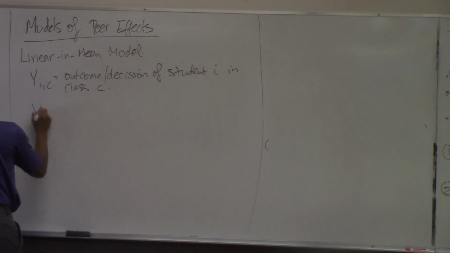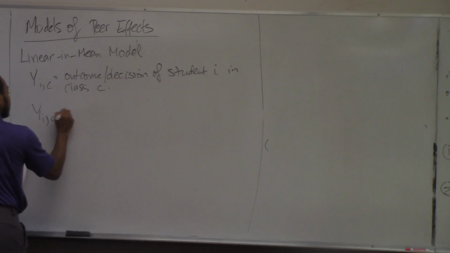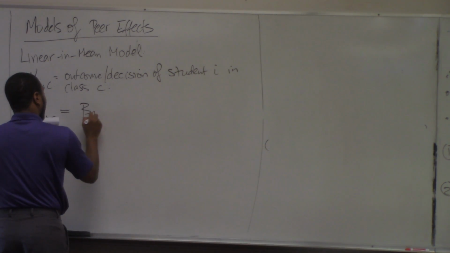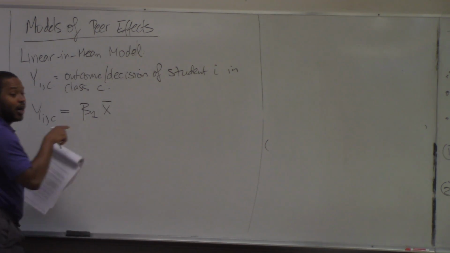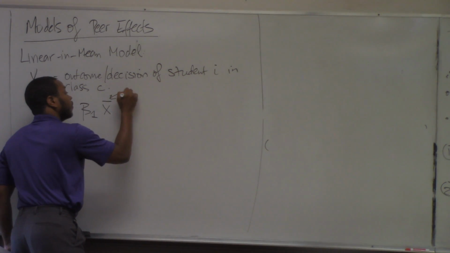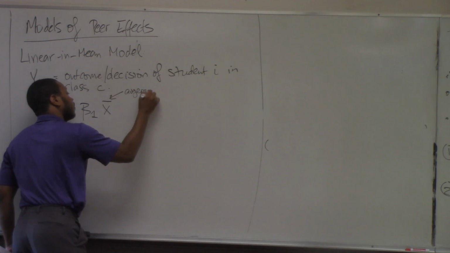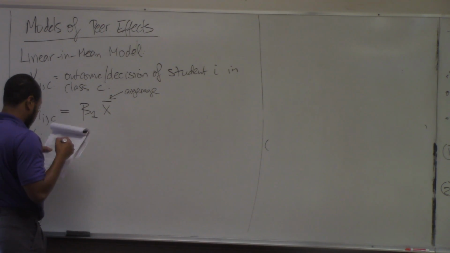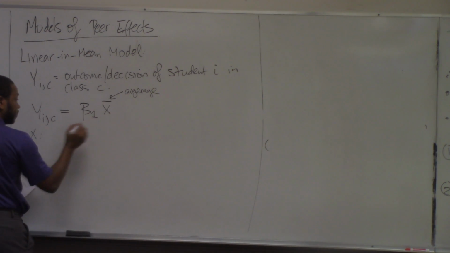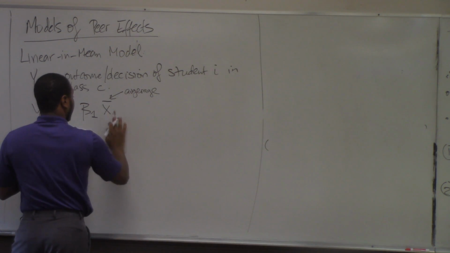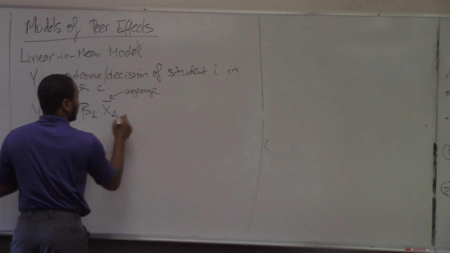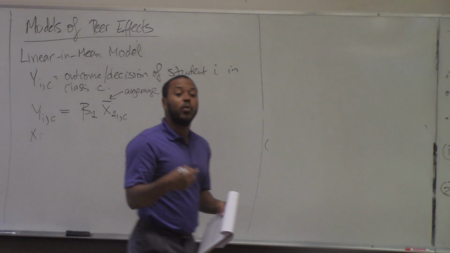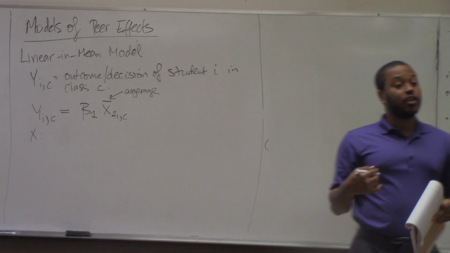And our model is going to be y_ic equal to beta 1 times x bar, where the bar just means average, and this x is going to be some characteristic. So this x is going to be x bar_-ic. Now this minus sign in front of the i is telling us that the average is taken when we exclude person i's characteristic.